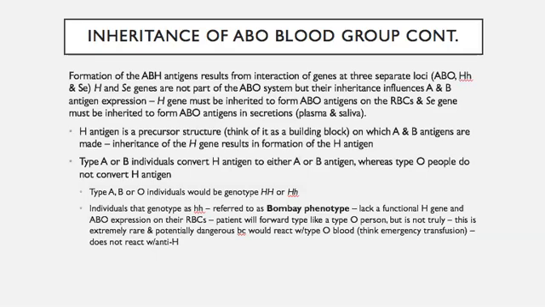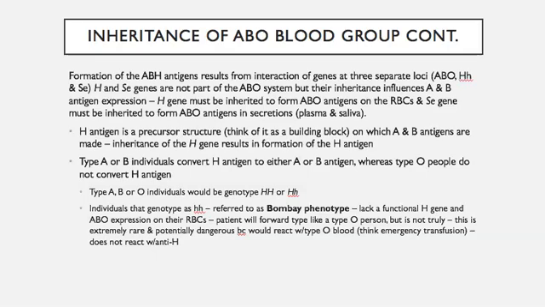Formation of the A, B, and H antigens results from interaction of genes at 3 separate loci. So you've got the ABO, the H, and the SE. The H and SE genes are not part of the ABO system, but their inheritance influences the expression of the A and B antigens.